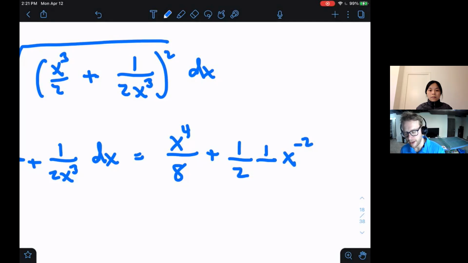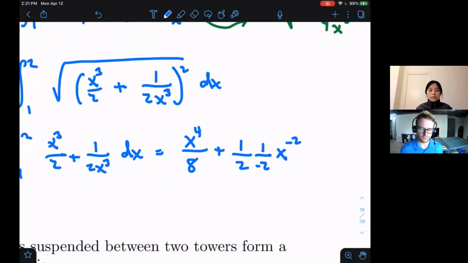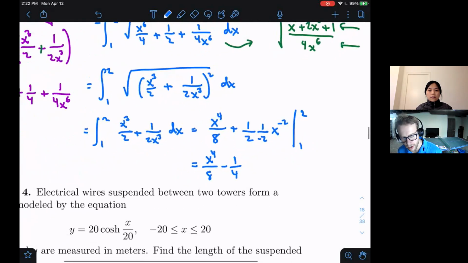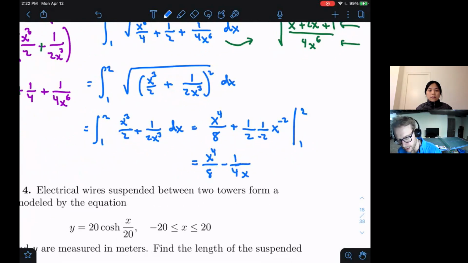So this is going to be 1 divided by -2. And remember, we're going to need to evaluate this from 1 to 2, apparently. So again, maybe one line to simplify here, then we'll evaluate something like this. And I'll go ahead and take that x to the -2 and put it into the denominator there. And we evaluate this from 1 to 2.